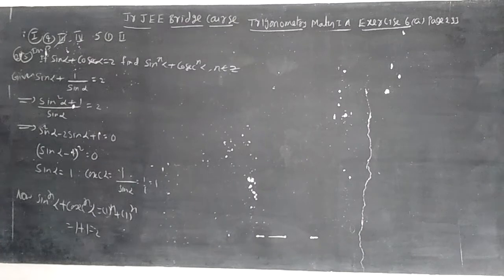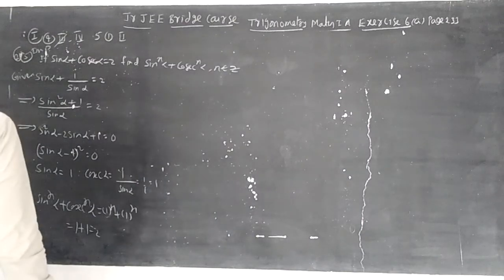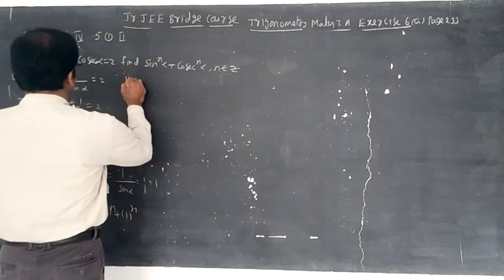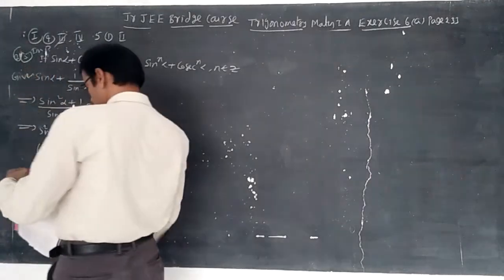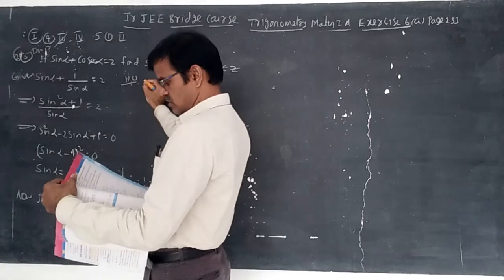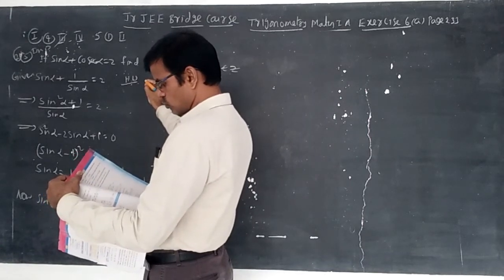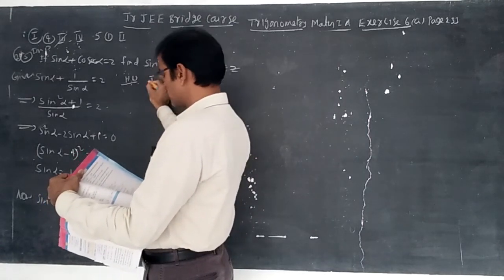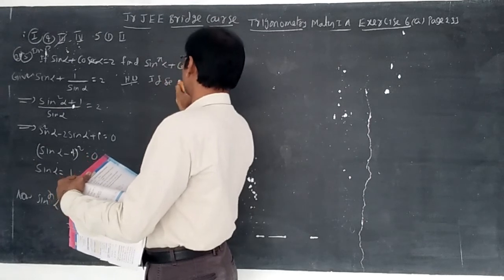Next one: if secant theta plus tan theta is equal to 5. Students, you can do this one as homework. I gave an example, and I just wrote the question. Fifth question, fourth question, in a similar way you calculate the value, do it as homework.